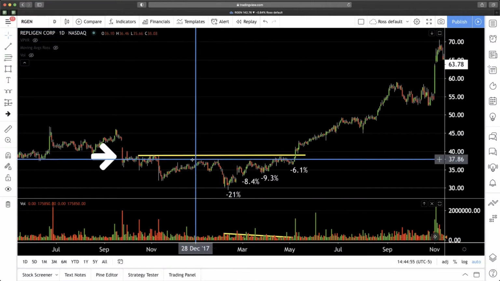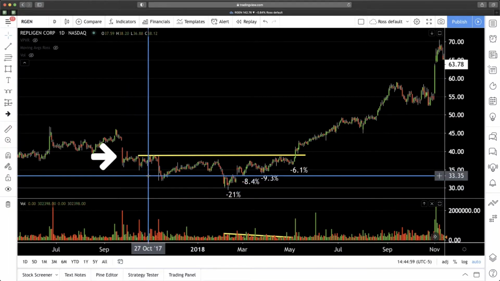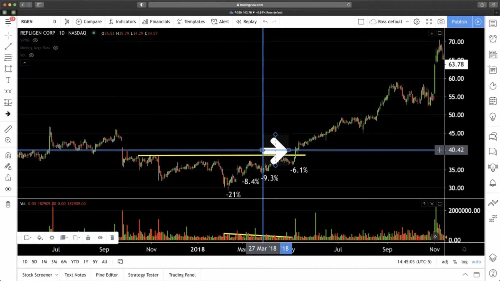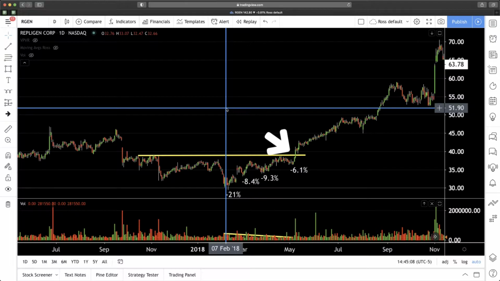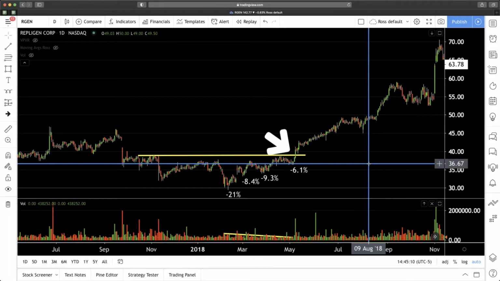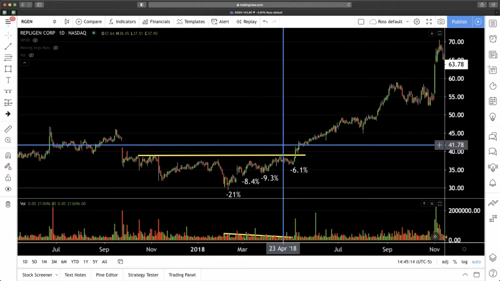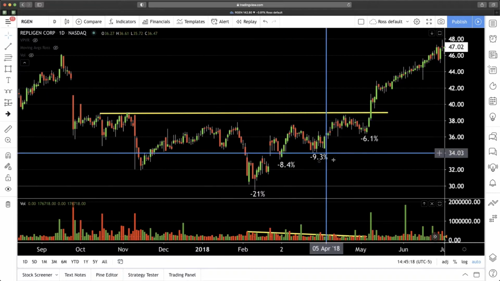Wouldn't it have been better to have your money working somewhere else, generating return during all this choppiness, and you knowing to buy it right there? Same buy point, still in at $40, still riding up to 70, same percentage return, but you're doing so in less than half the time. That's the power of using these breakouts. So let's continue with our lesson. We've got our base.